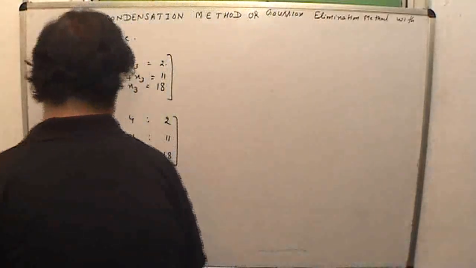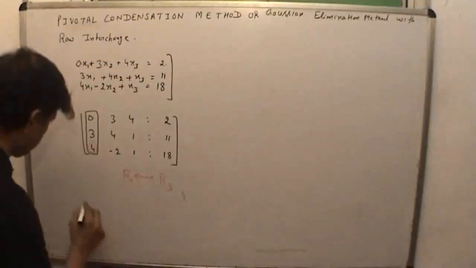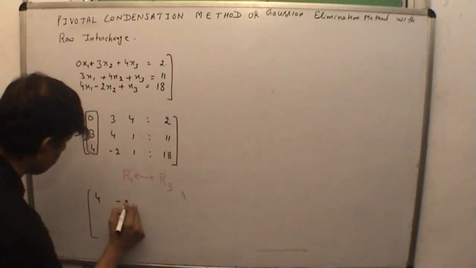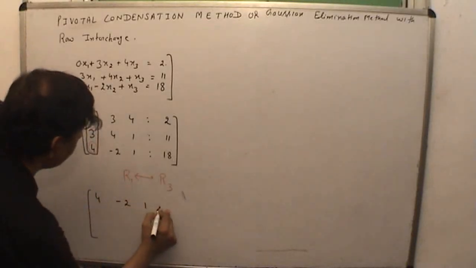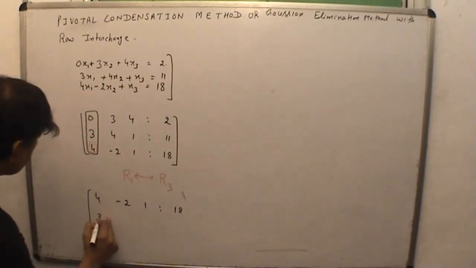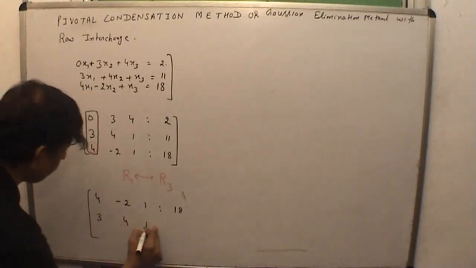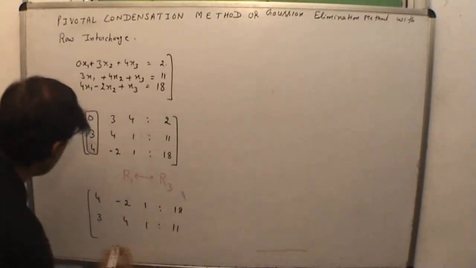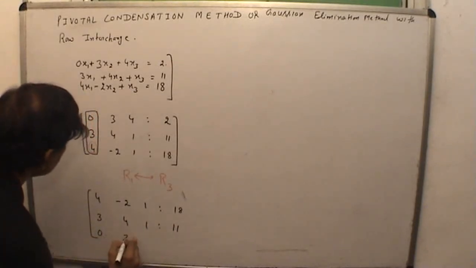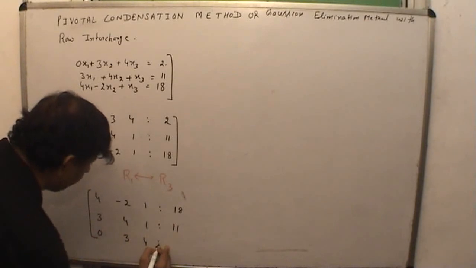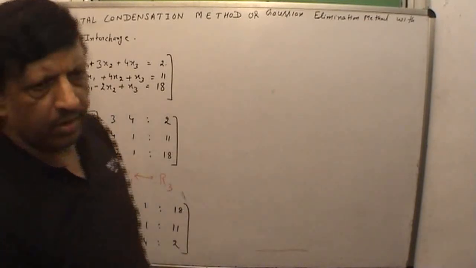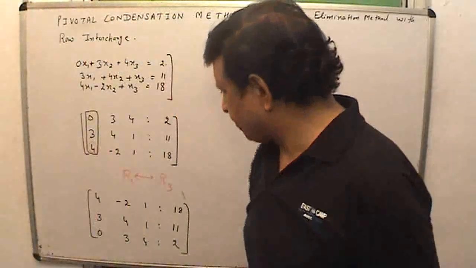That is why we are interchanging R1 with R3. Here we can write it this way: 4, minus 2, 1, 18; 3, 4, 1, 11; 0, 3, 4 and 2. It is the first step.